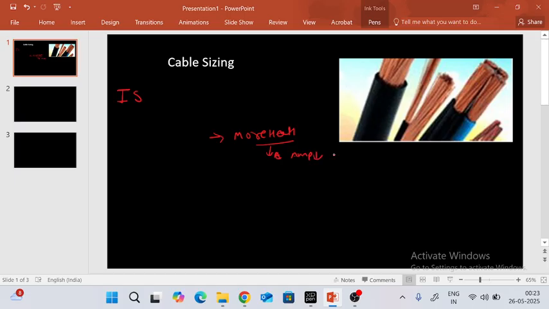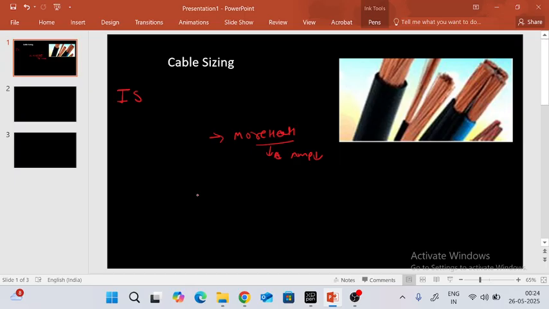Why? Because we have to ensure smooth power flow. If a higher amount of current is going and heating is happening in the cable, this will definitely deteriorate the life of the cable. So if there is more heating, the ampacity should decrease so that it can be balanced.